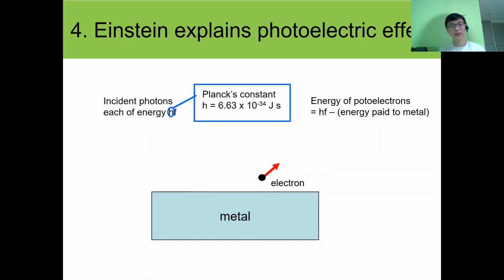And in hf, the h is Planck's constant. This is given to you in your formula list and your data list. So you have this value, and a fun fact is that it is the smallest constant that we know of as of now.